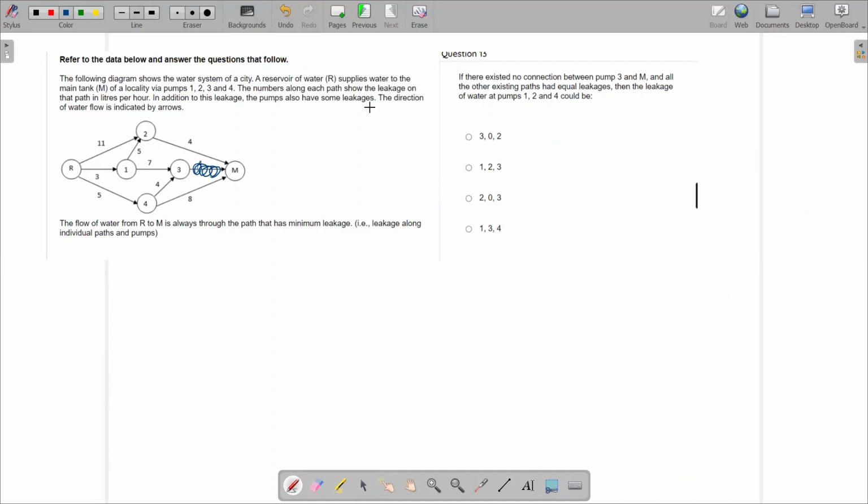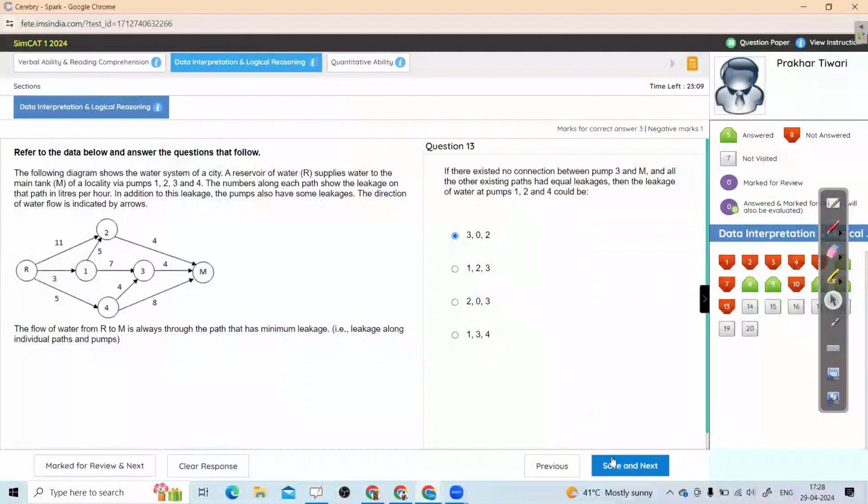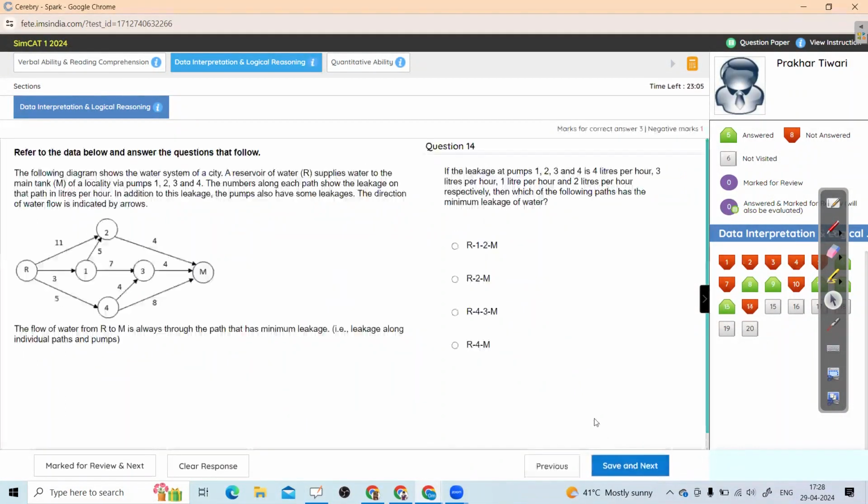Okay, so exact same thing as you did previously. Other existing paths had equal leakage. So as we did before, we have to do the same. We know we didn't use it in question number 1 either, so immediately assume option A, because we know the value of X will still come out as 3. So 3 is only in this option. So first is the answer. Quickly, one question did our 3 questions. We just solved the first.